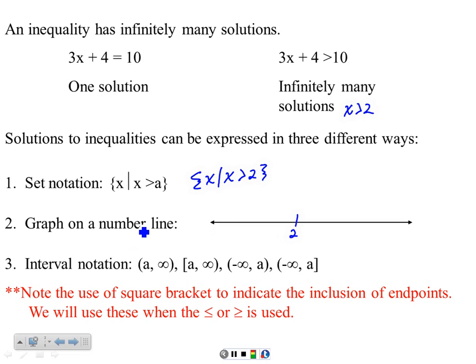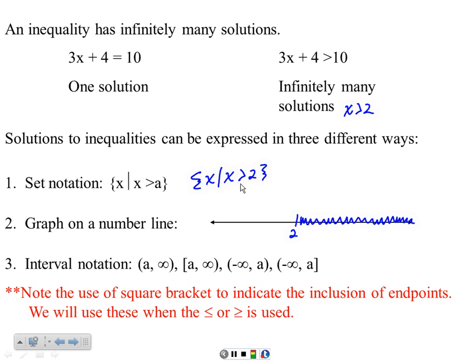The only thing that I'm going to require you to do on the number line is put the number that's in question. So 2 in our example is our beginning point. And it says that x has to be any number greater than 2. Well, any number greater than 2 is to the right of 2, so we're going to color that in.